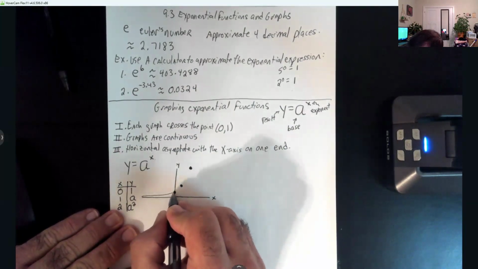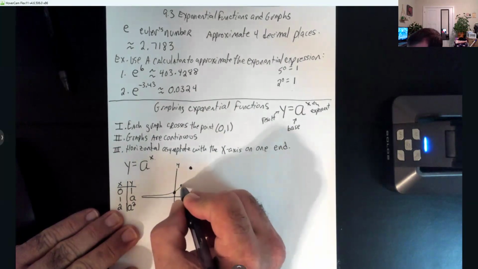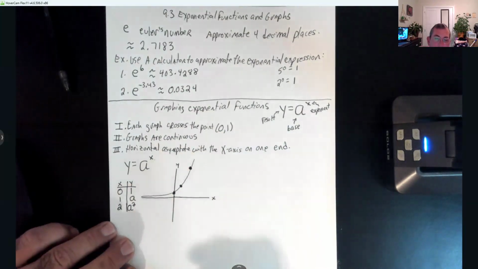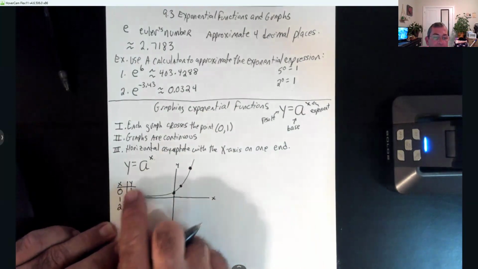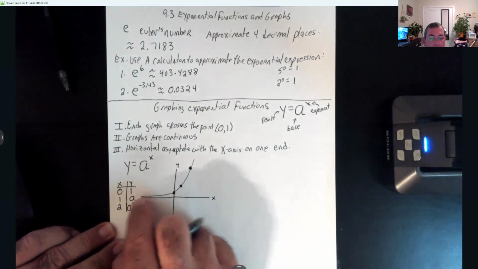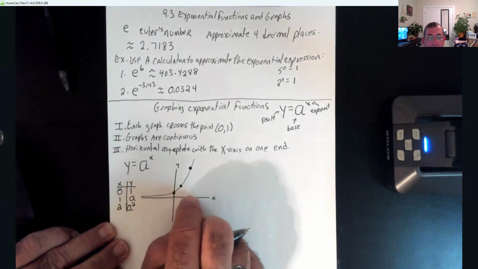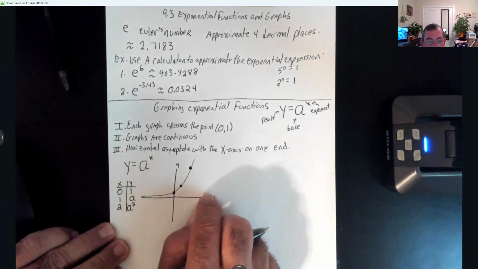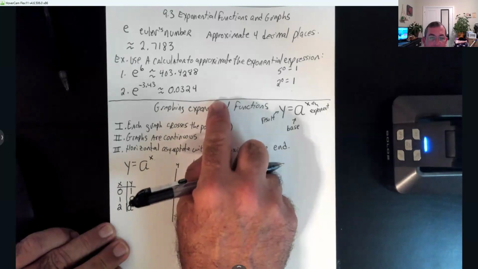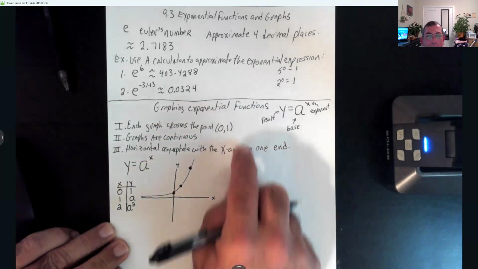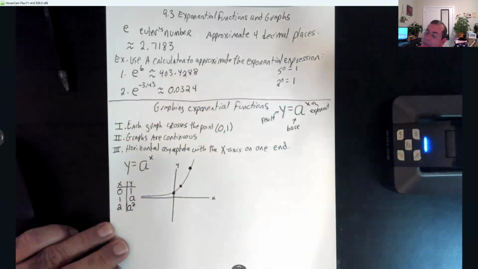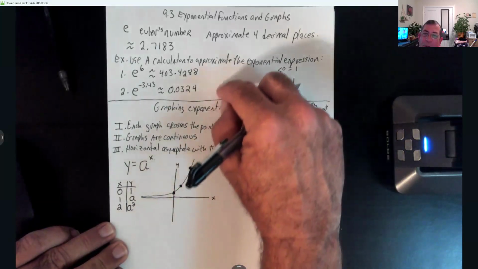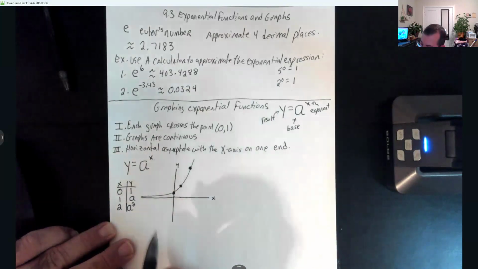It's going to cross at (0, 1), and then your graphs are going to curve upward. So if a was, say, 2, 2 to the first is 2, 2 squared is 4, 2 to the third would be 8, 2 to the fourth would be 16. So the bigger that exponent gets on this side, this thing's going to shoot towards infinity, okay?